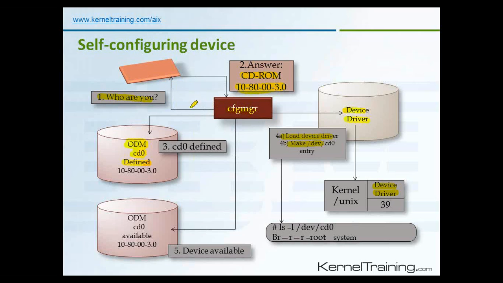Once the answer is received, an entry in ODM got created, but it was still in the defined state with the software location where it is connected. Then it went to the device driver database, loaded the device driver, and an entry has been created in the /dev directory saying that this is one of the devices that is now going to be used as a CD drive.